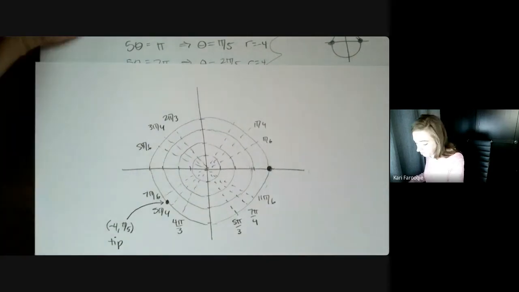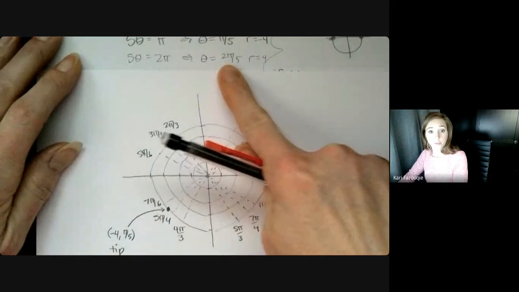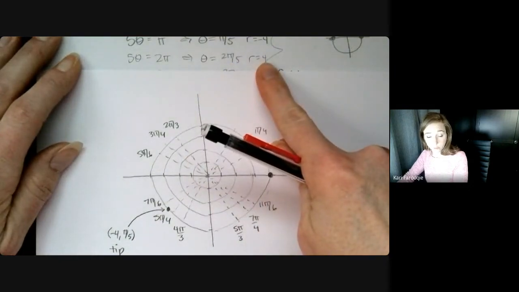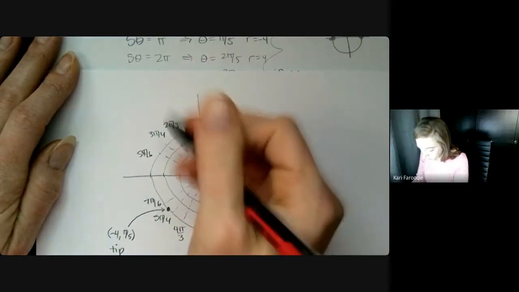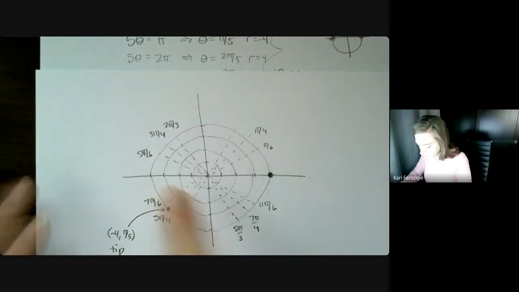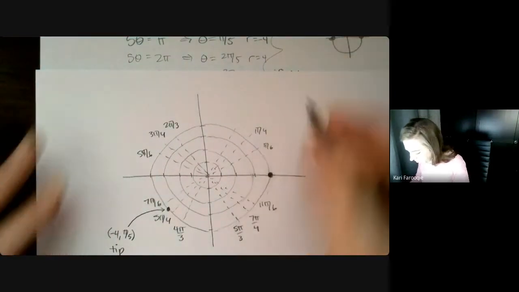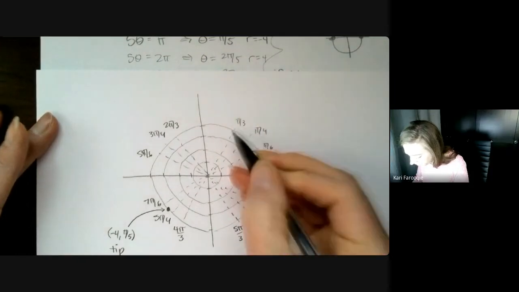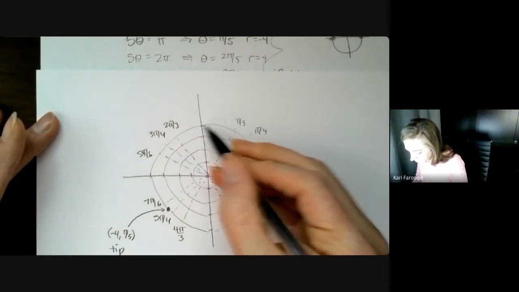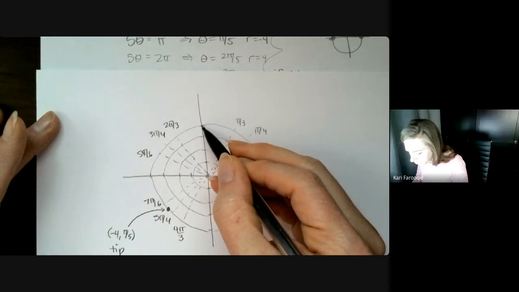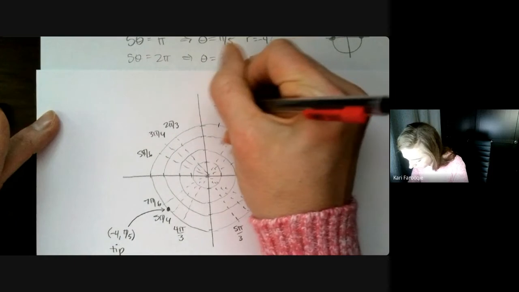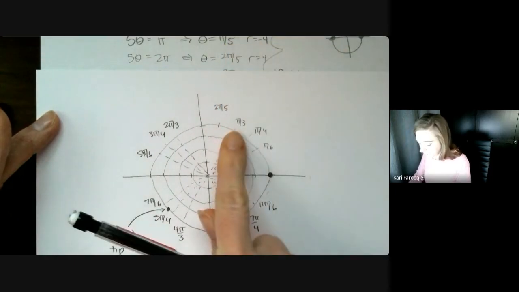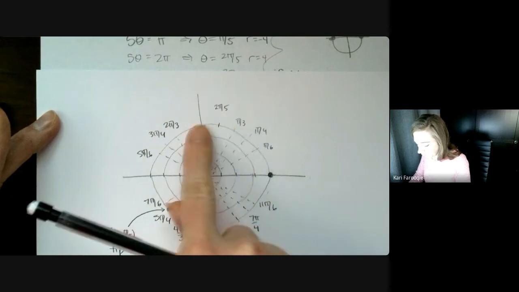You have another pedal tip at 2/5 pi. Your radius is going to be 4. So 2/5 pi is 40% of the way to pi. You're thinking about this as maybe being, okay, pi over 3 is 1/3 of the way to pi. Pi over 2 is a half of the way to pi. So 40% of the way to pi is somewhere in here, between 1/3 and 1/2.